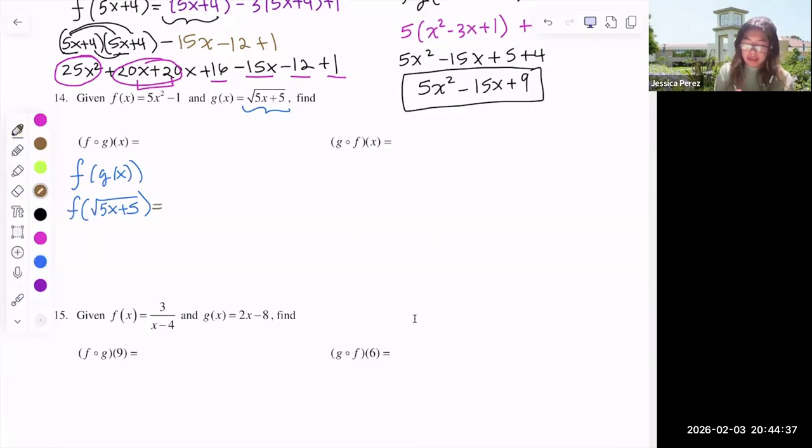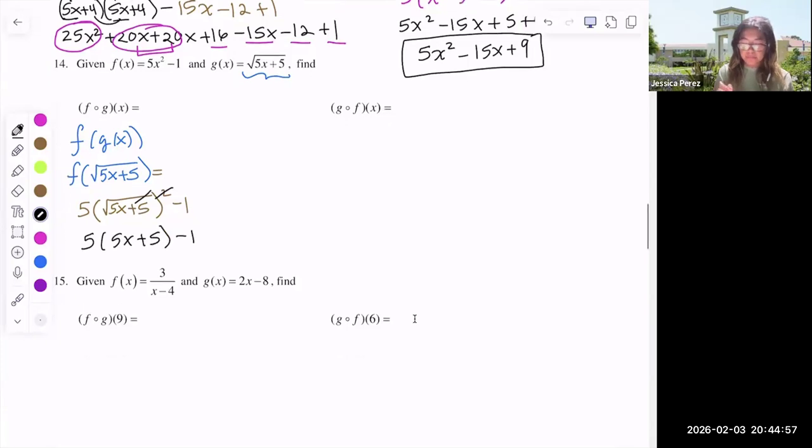So we have 5 times the square root of 5x plus 5 quantity squared minus 1. What do we know about square roots and quadratic values? They cancel each other out. So I have 5 times 5x plus 5 minus 1.